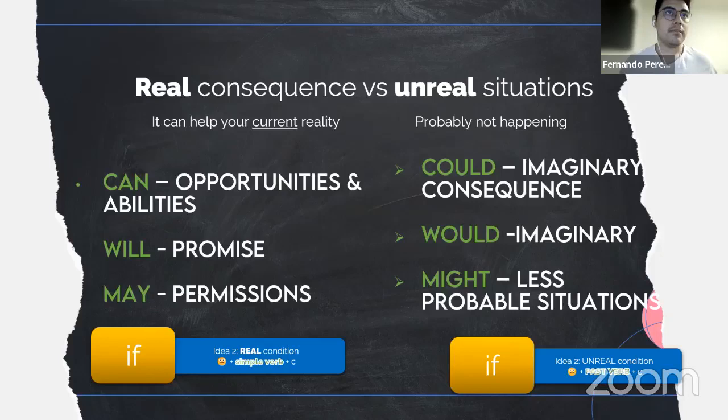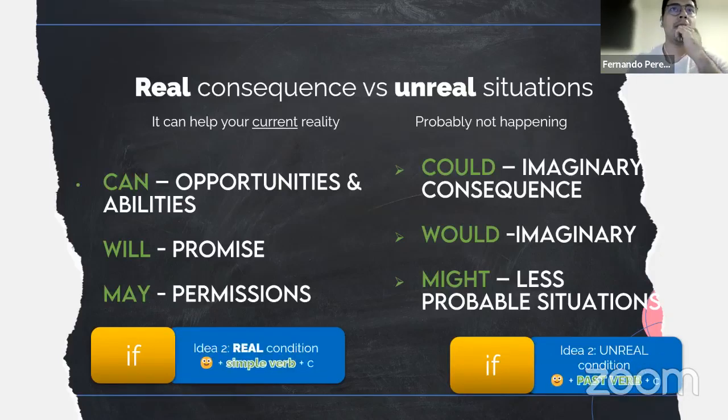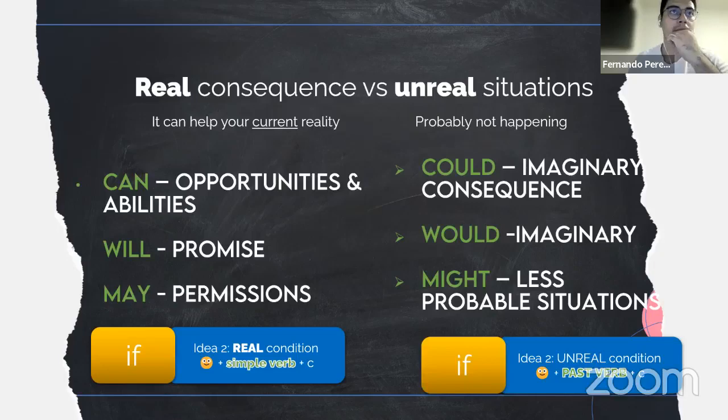Why? Because hashtag English. Real versus unreal.